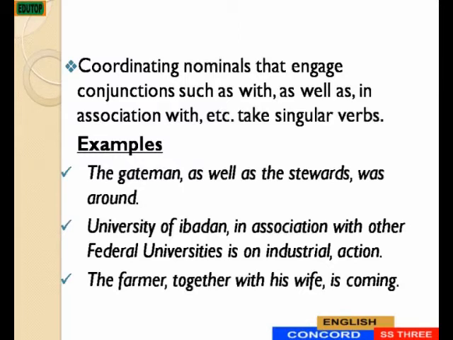The stewards in plural is ignored, and so we go for was, which is a singular verb. University of Ibadan, in association with other federal universities, is on industrial action. So we are ignoring other parts of the sentence. It is as good as saying University of Ibadan is on industrial action.